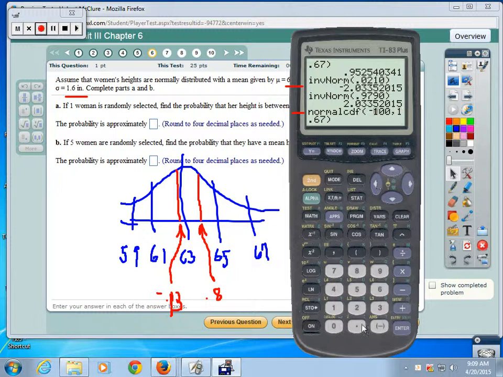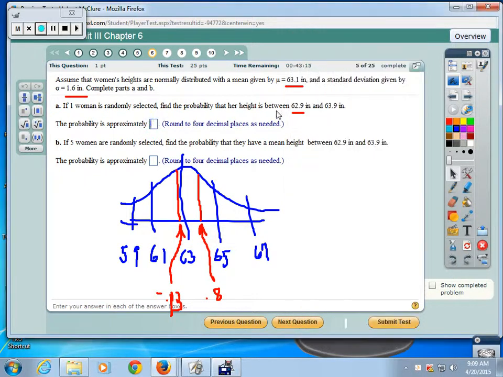I'm just putting that 0 so I can keep my decimal places in the calculator, comma 0.80. I get 51.5758, 51.58, 0.5158.